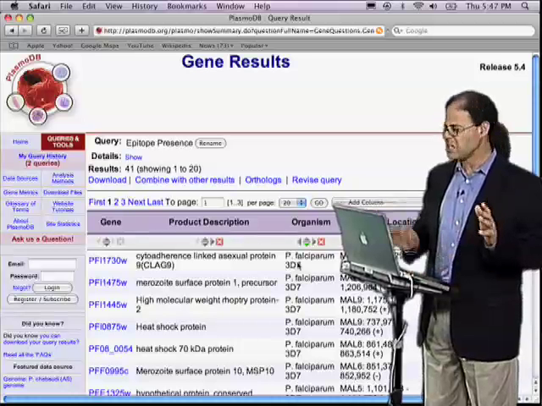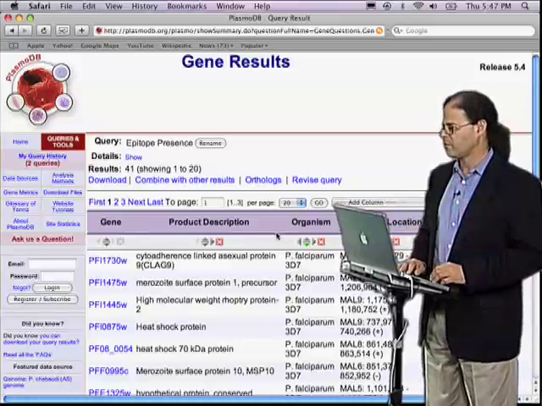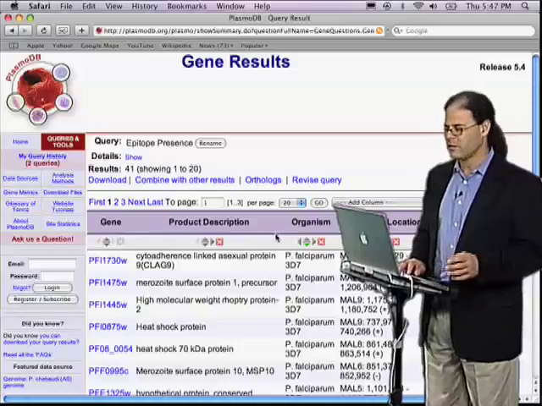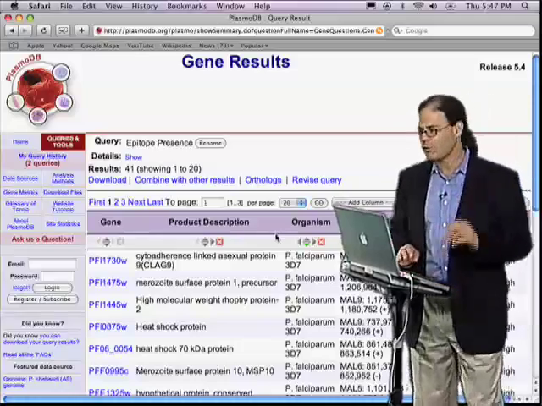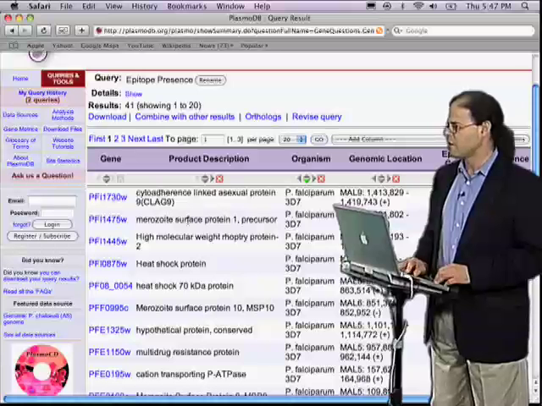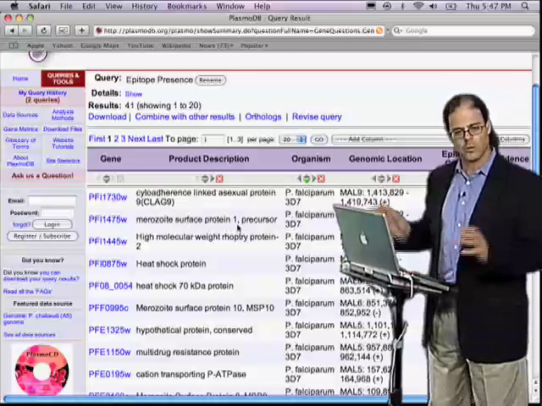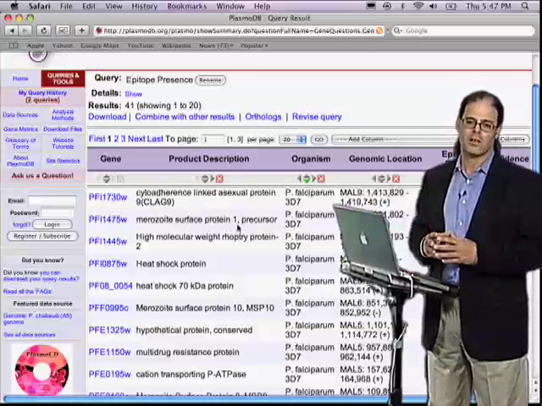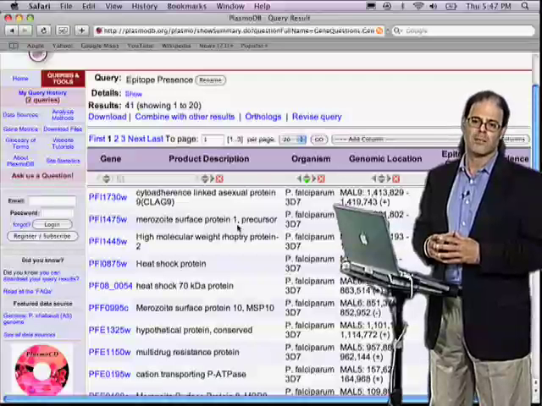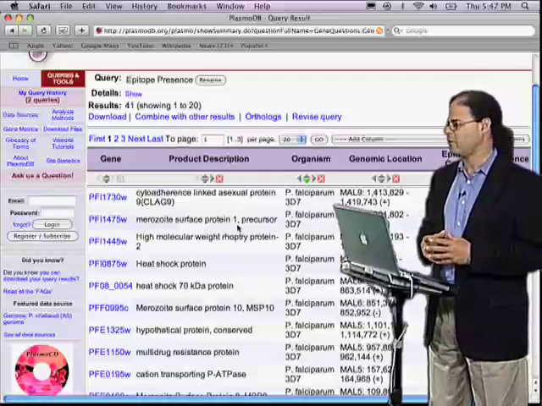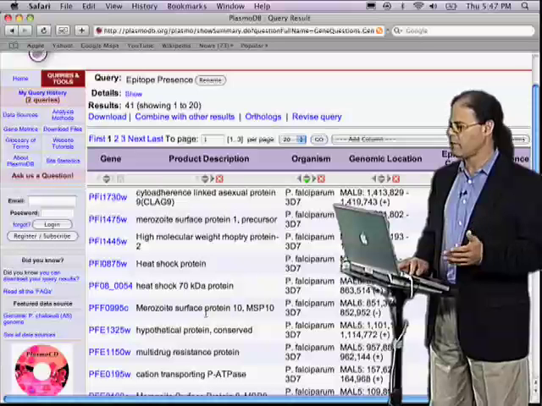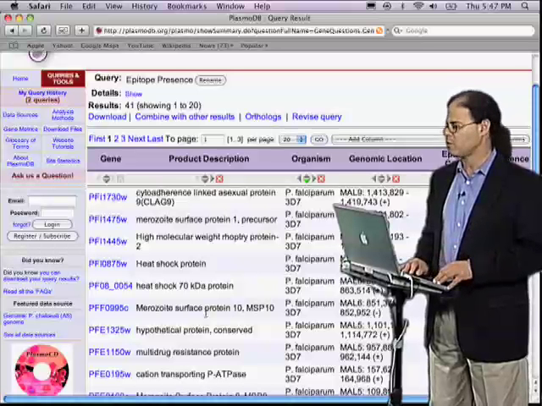And what we see is several genes, 41 to be exact. Now that's a disappointingly small number. It includes the merozoite surface protein 1, which with AMA1 is also viewed as a promising candidate for antimalarial vaccine development, and a variety of other merozoite surface proteins as one might expect.